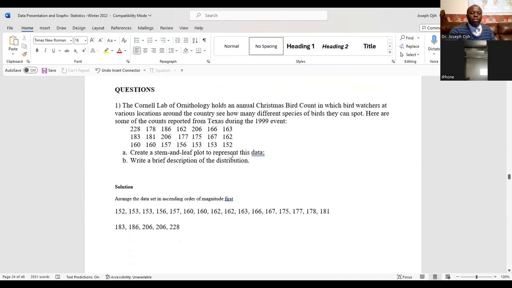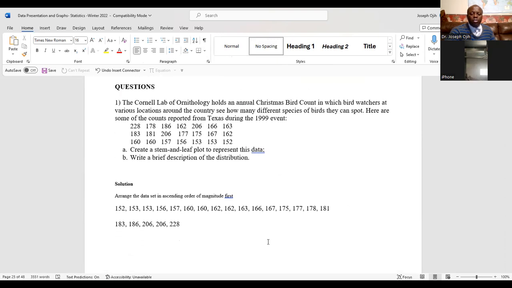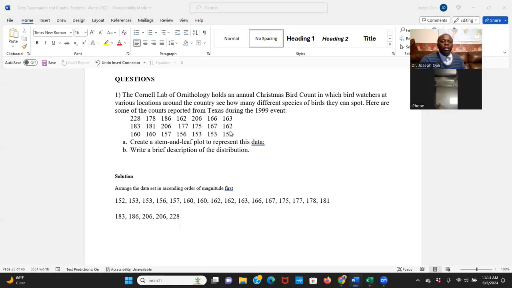Let's do this example here. Making sure you're seeing all this. Yep, excellent. It says the Cornell Lab of Ornithology holds an annual Christmas bird count in which bird watchers at various locations around the country see how many different species of birds they can spot.